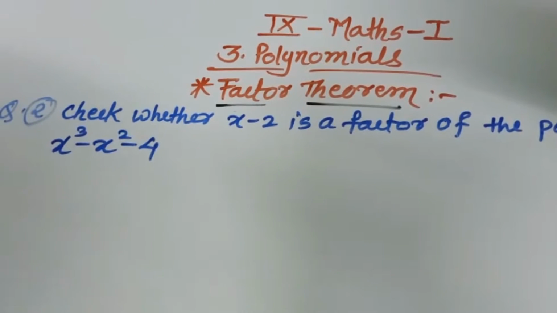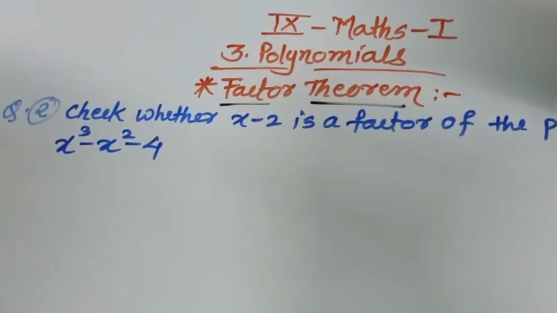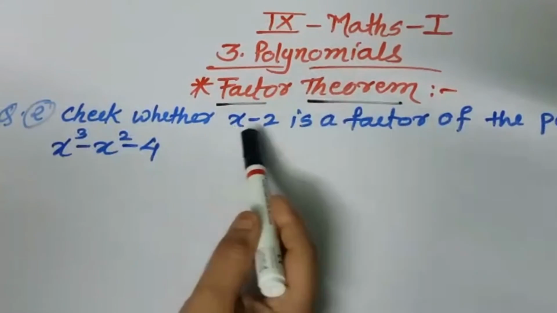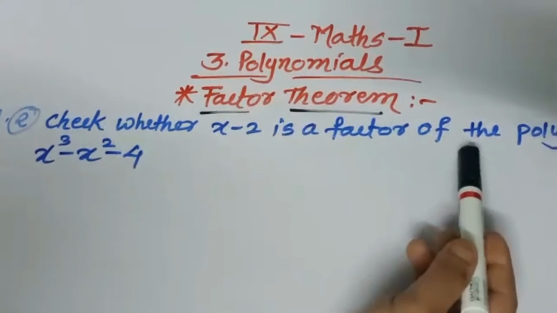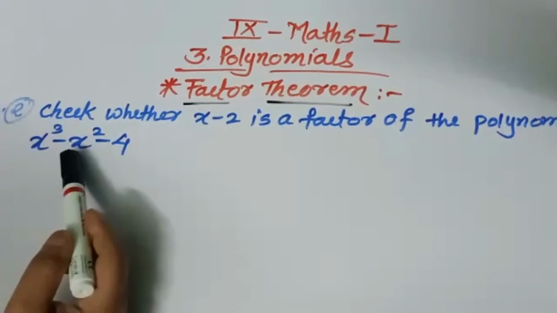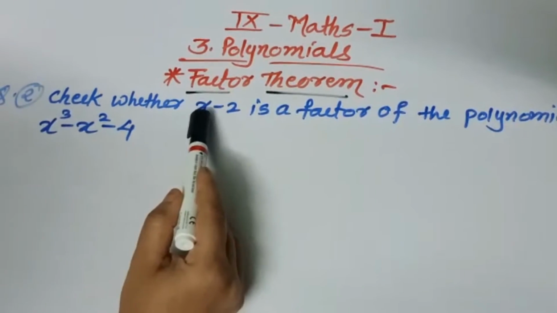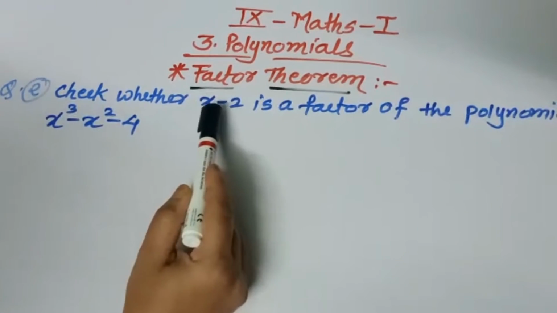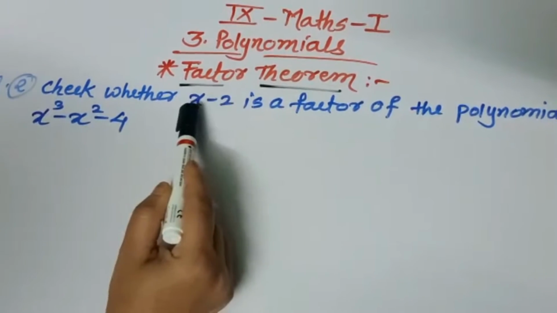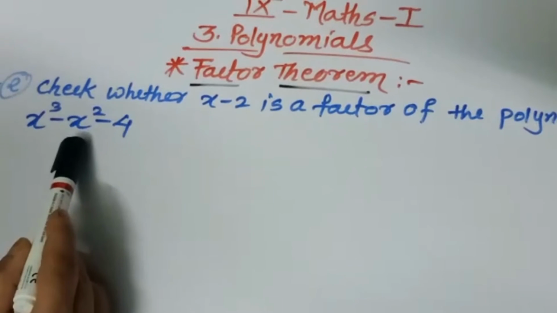Next question, also based on factor theorem. The question is: check whether x minus 2 is a factor of the polynomial x cube minus x square minus 4. We have to check whether x minus 2 is a factor of this polynomial.